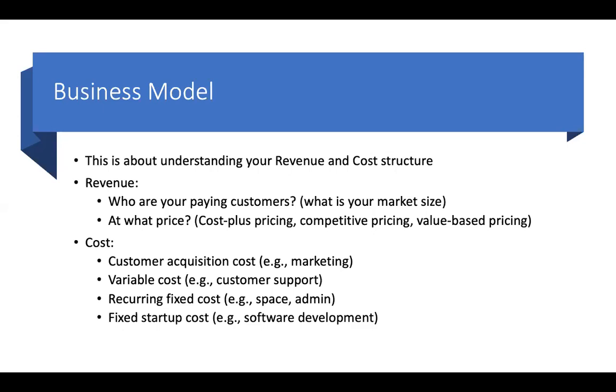There are a few strategies to determine the price. One option is you determine how much it costs to produce the product: the raw costs, the materials costs, the labor costs that go into producing the product. And then you add a margin upon that cost, that is your required rate of profit, and that is your price for the product.